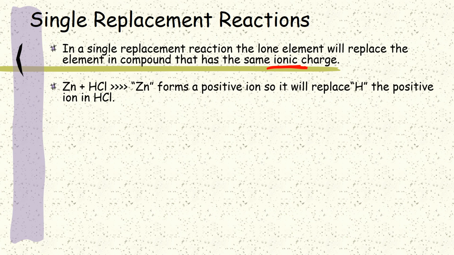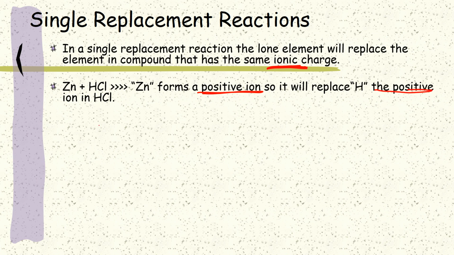What type of ion do metals normally have? Positives or negatives? Positive. So zinc's going to form a positive ion. And then when we look at HCl, what type of ion is H going to form? Typically, look at where it's located on the periodic table, a +1.